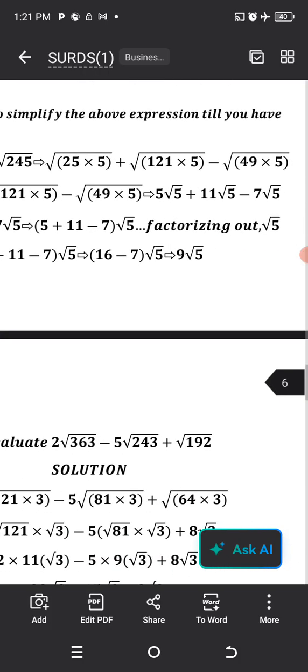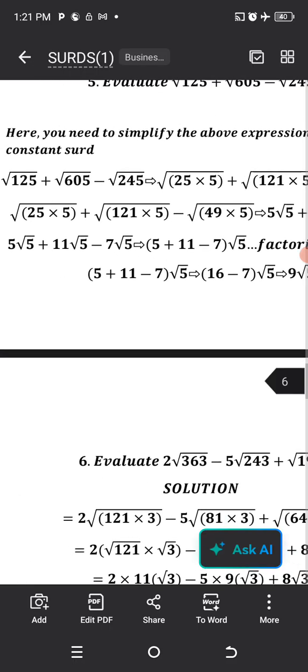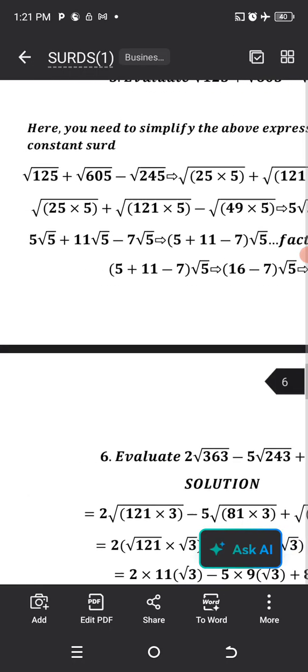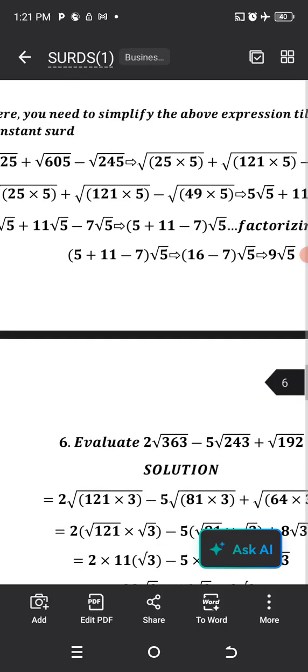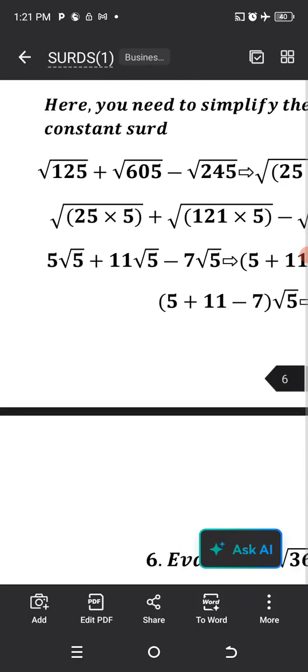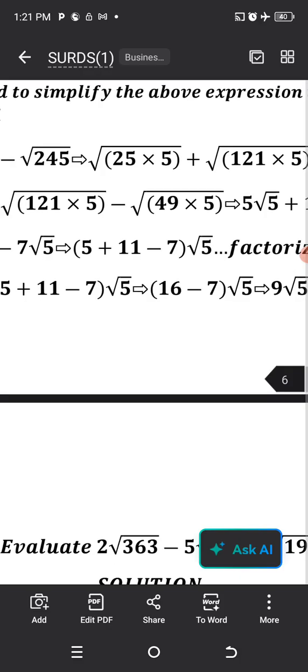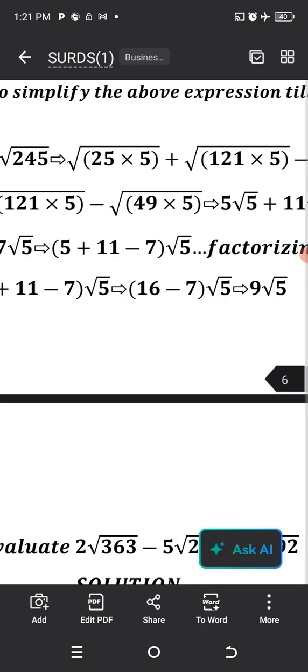The next thing, once you have a common surd, which is square root of 5, that is 5 root 5 plus 11 root 5 minus 7 root 5, is to factorize. We factorize this expression before the implication sign as the square root of 5 at the front of that implication sign. That's why we have 5 plus 11 minus 7 all multiplied by square root of 5.